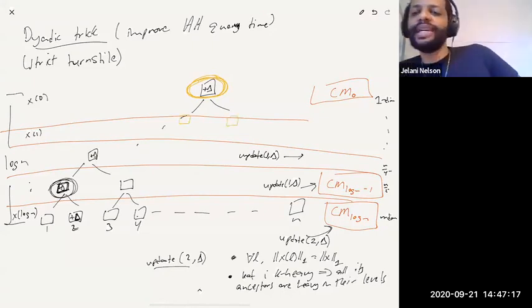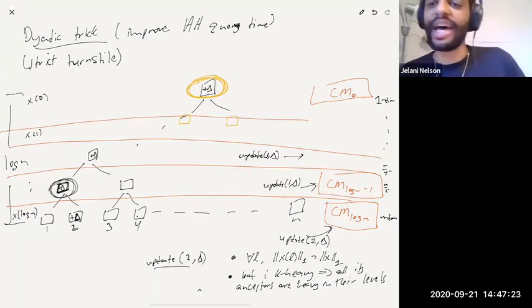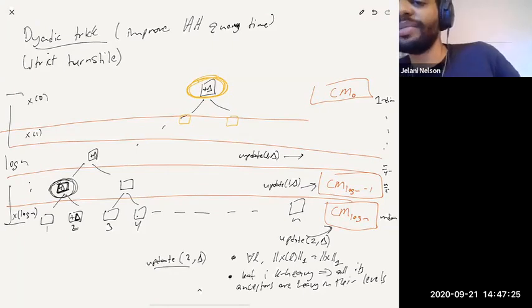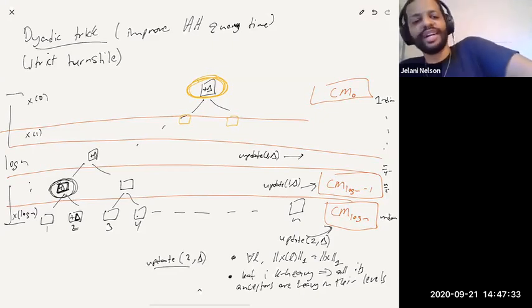I'm going to point query each of them, okay? And I'm going to ask, if it's the L1 norm, I know exactly what the L1 norm is. The L1 norm of the stream is just the sum of all updates I've ever seen, because it's strict turnstile.